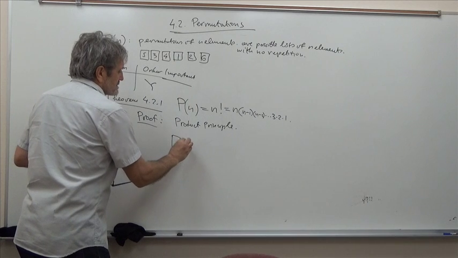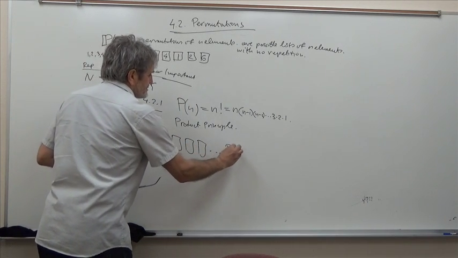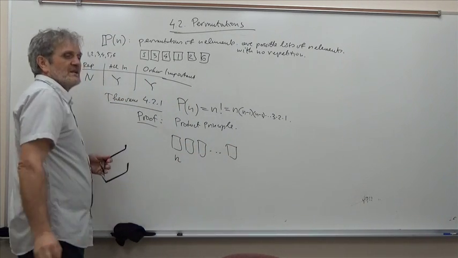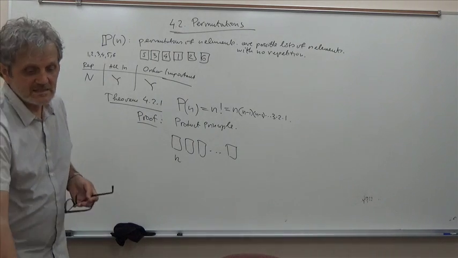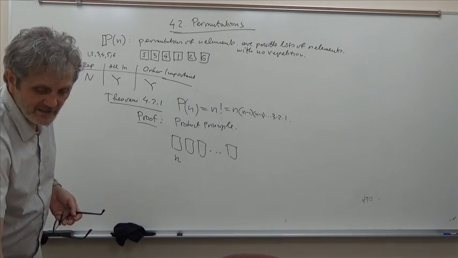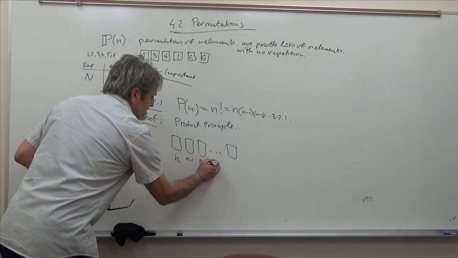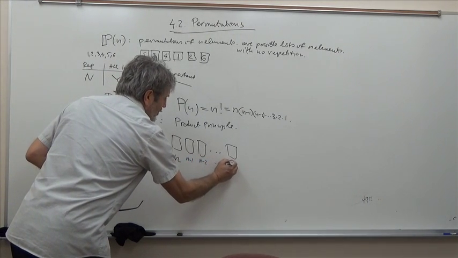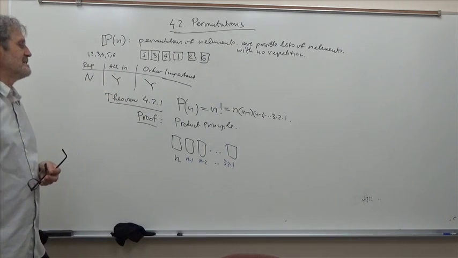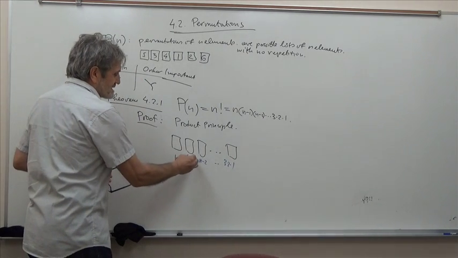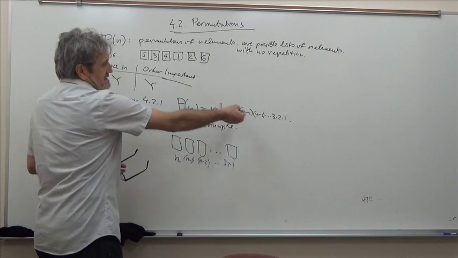So when you choose n elements, the first one you can choose in n different ways. The second one, you can choose anybody except the first one, because there are no repetitions, so n minus 1. Then n minus 2, and then for the last one you have no choice, just whoever's left at the end. And the product principle says to multiply, and that's exactly what we have.